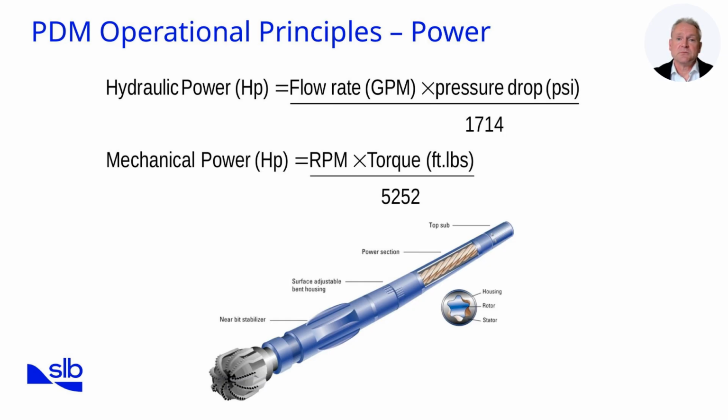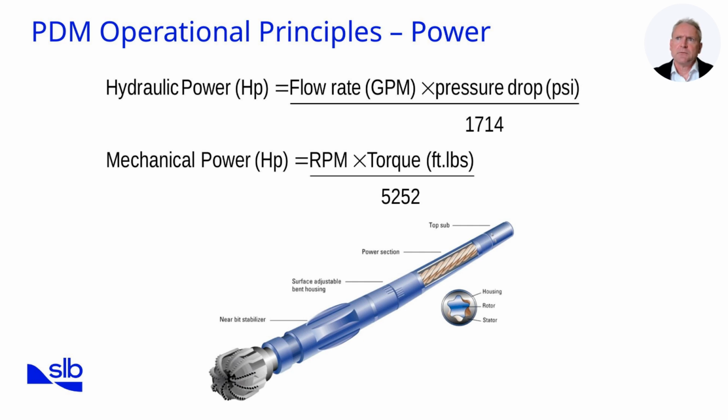The key to steerable motors lies in 2 formulas, hydraulic power and mechanical power. First, hydraulic power is calculated as flow rate multiplied by differential pressure. This value represents the energy delivered by drilling fluid. Then, we substitute hydraulic power into the mechanical power formula to determine torque output at the bit.